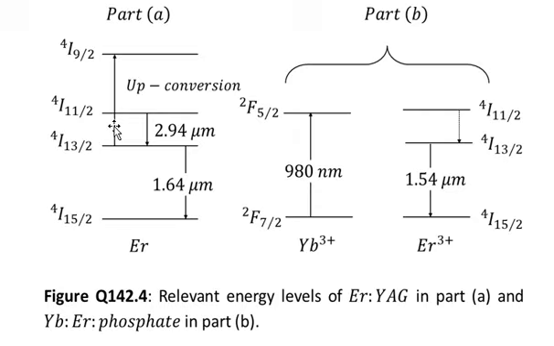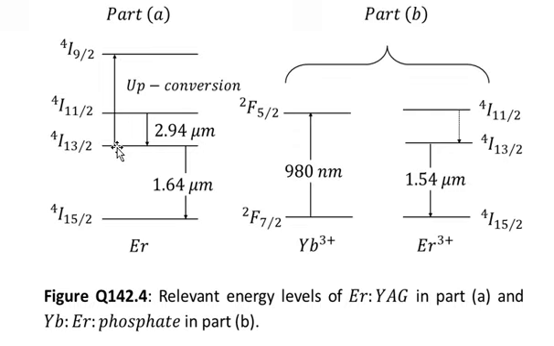An up conversion is also shown. When the concentration of the erbium ion is increased, up conversion will occur from the level 4I13/2 to the level 4I9/2. And this is for continuous operation.